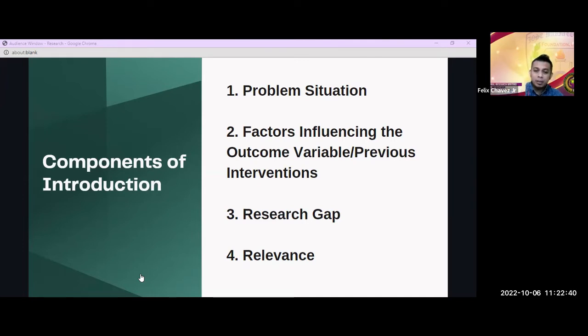And then, the research gap. One of the criteria of a good research is that the research must be novel. So the research gap should be something that establishes the novelty of your study. What makes your study unique? What makes your study different as compared to the previous studies? You have to justify that your study can provide additional information.